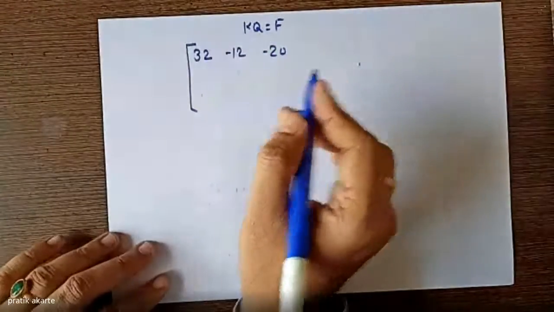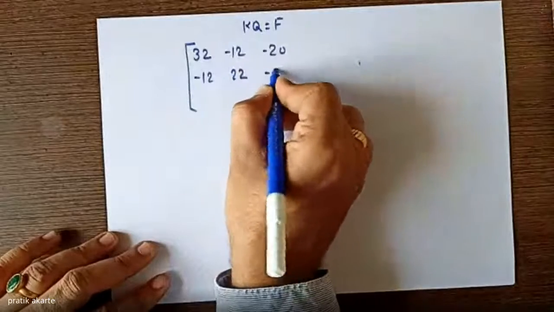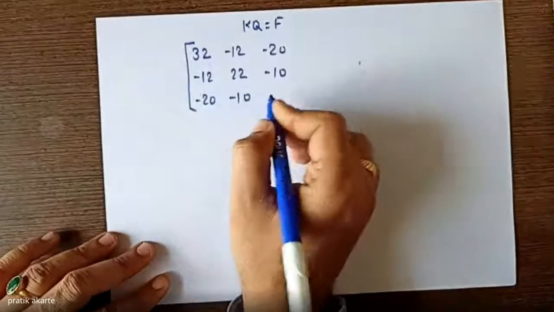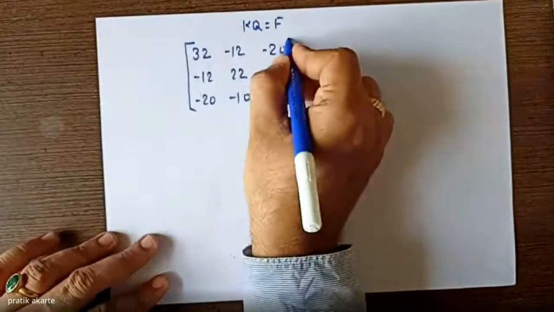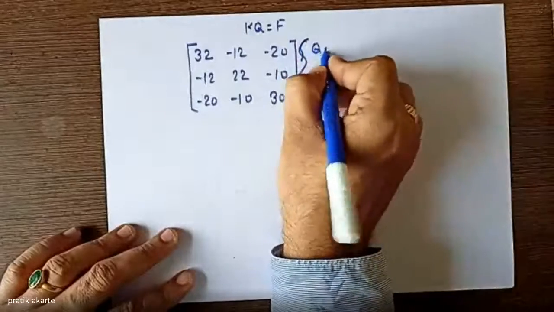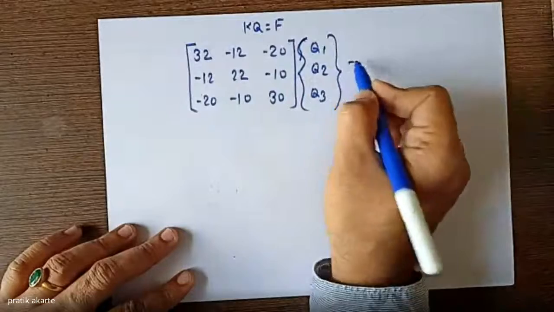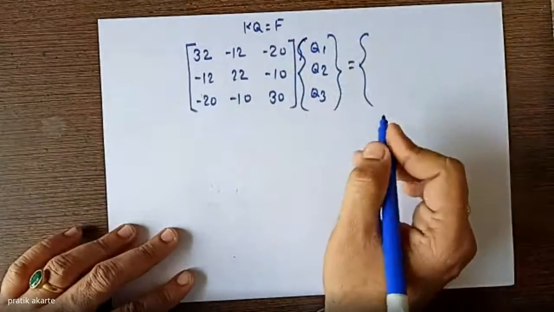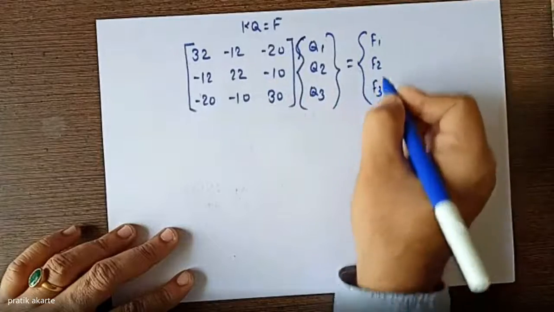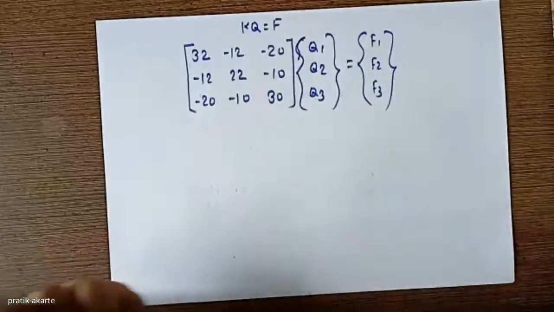Yes. Then minus 12, 22, minus 10, minus 20, minus 10, 30, times Q1, Q2, Q3, displacements at nodes 1, 2 and 3 respectively, equal to forces F1, F2 and F3. Okay, so this is our equation.